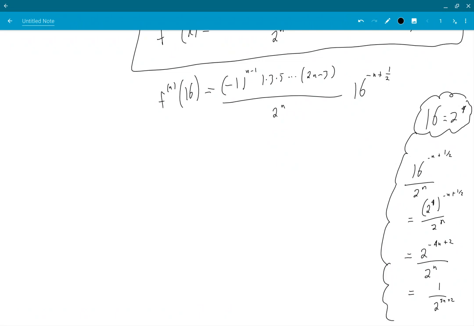Okay, so I get that. So everything else stays the same: 1.3.5 up to 2n minus 3 all over 2 to the 5n plus 2. And again, this is only good for n bigger than or equal to 2.